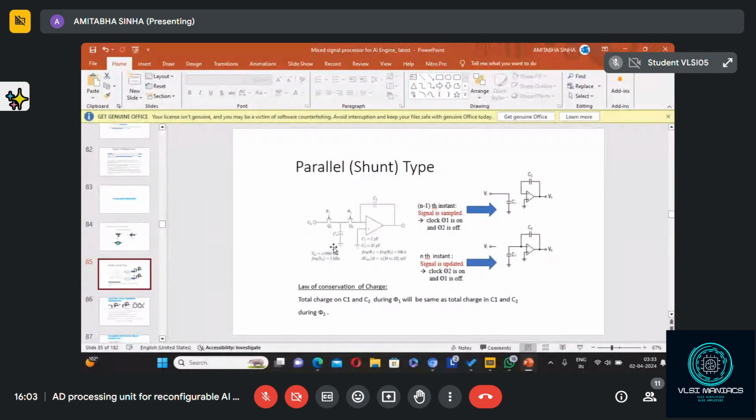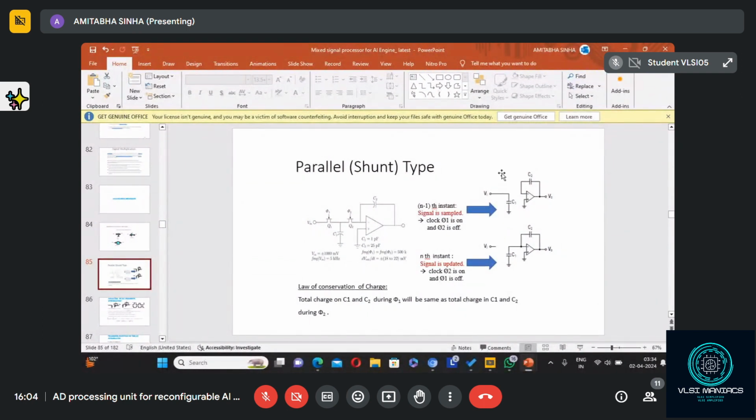Okay. So first, these switches. Initially it will be like that. Let's say at the n minus 1th instant, clock phi 1 is on and phi 2 is off. When phi 1 is on and phi 2 is off, the equivalent circuit is like that. Can't I say this, the upper one? Yes, sir.